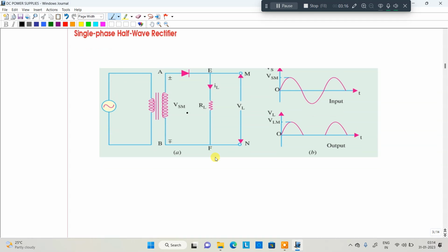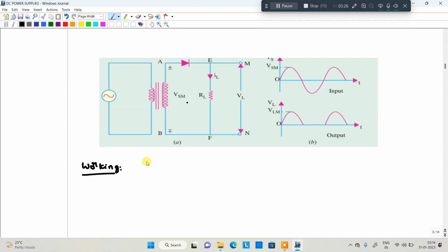First we'll see how exactly it works. Consider the positive half cycle of the input waveform.